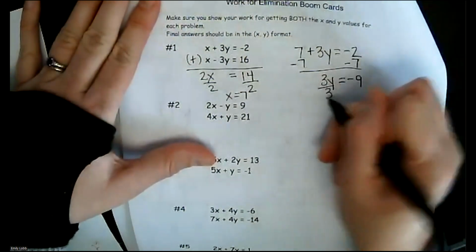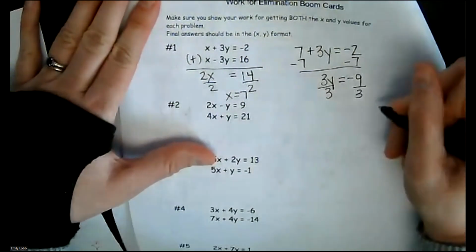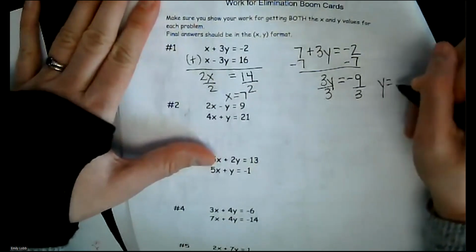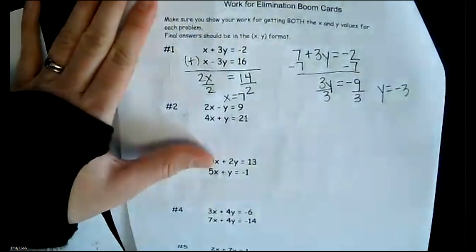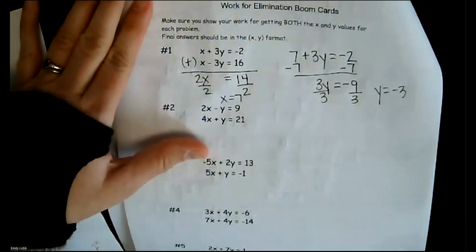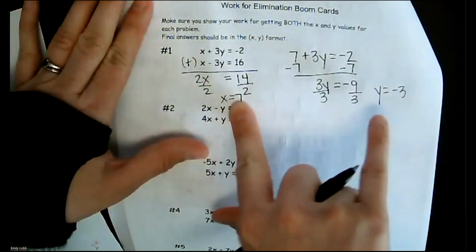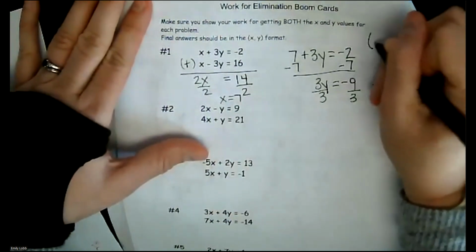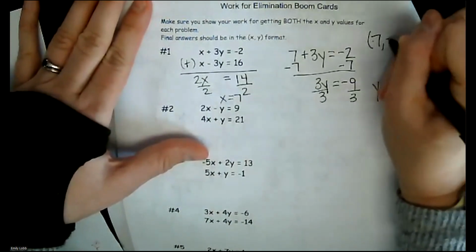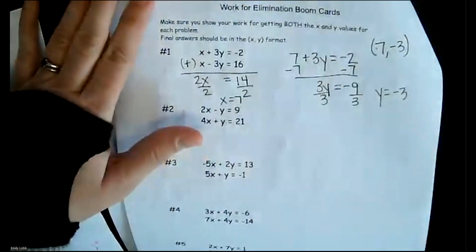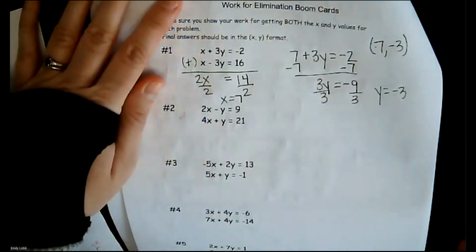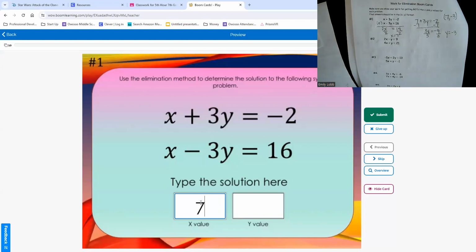Divide both sides by 3. So y is equal to negative 3. So I'm putting in 7 for x and negative 3 for y. This is the point 7, negative 3. So if I'm checking that in my Boom deck, I would say 7, negative 3.